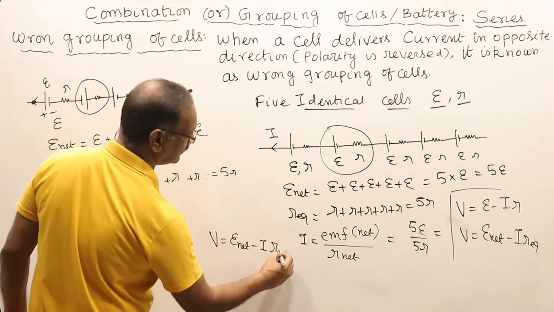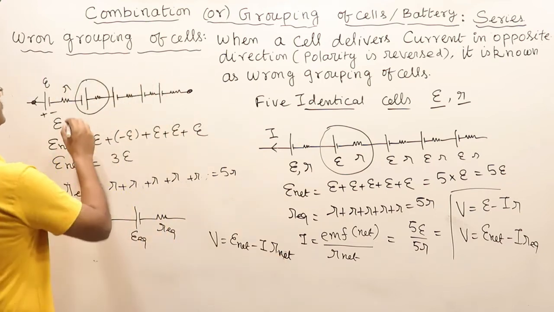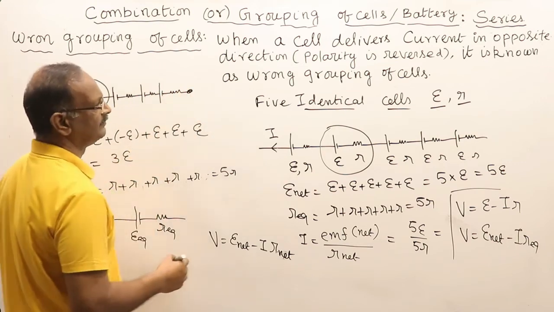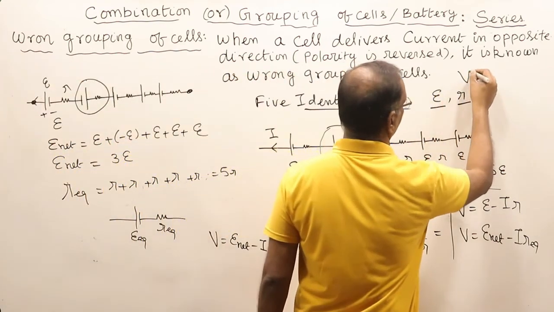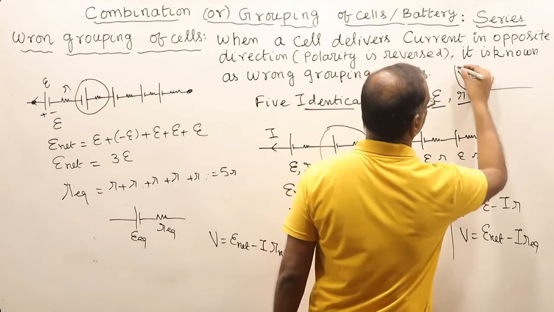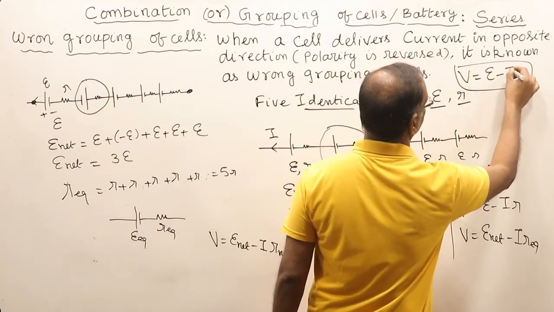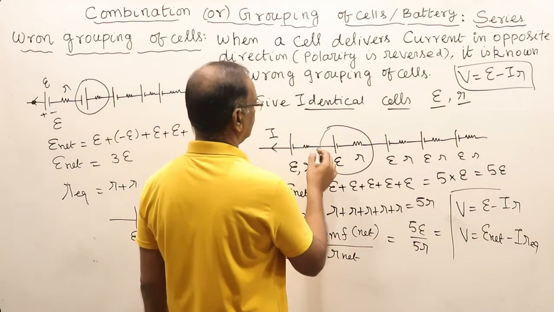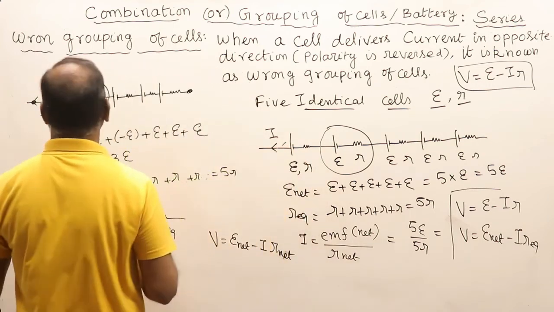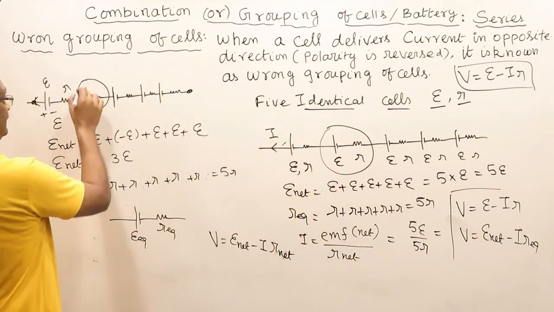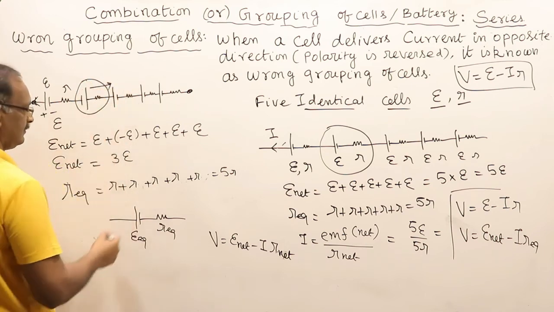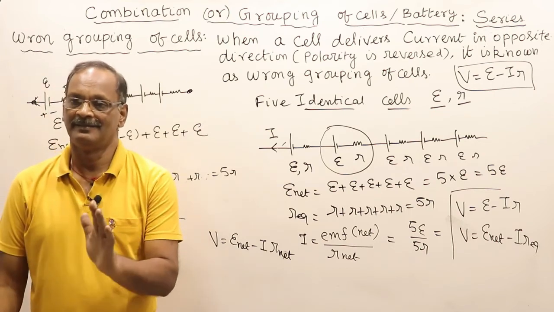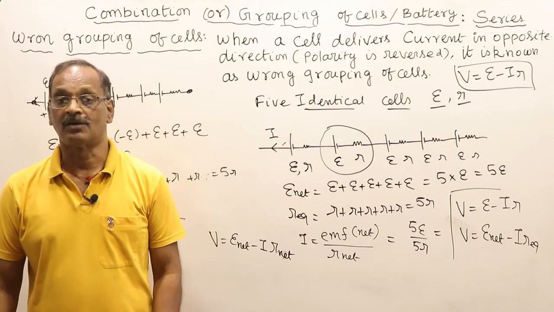We can use both terms. In general, the terminal potential difference V is the total EMF minus current into R, because the current flows in this direction, and it is being subtracted.